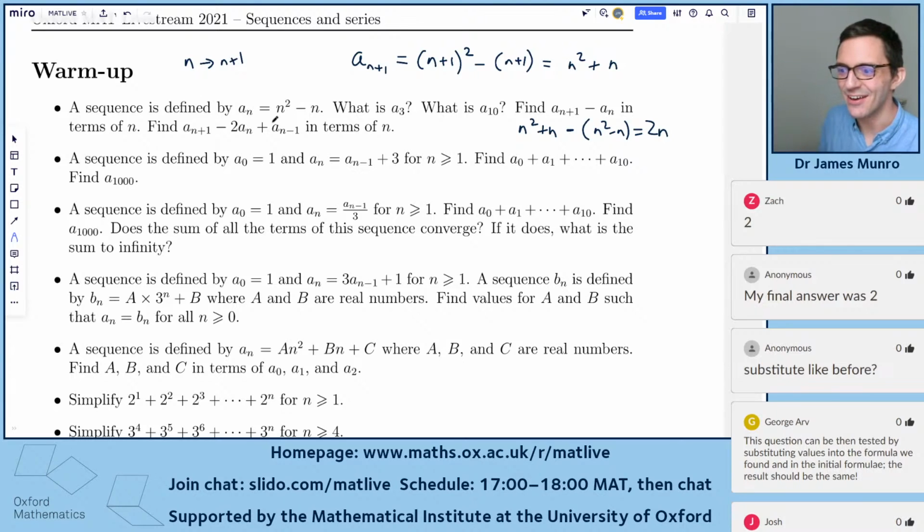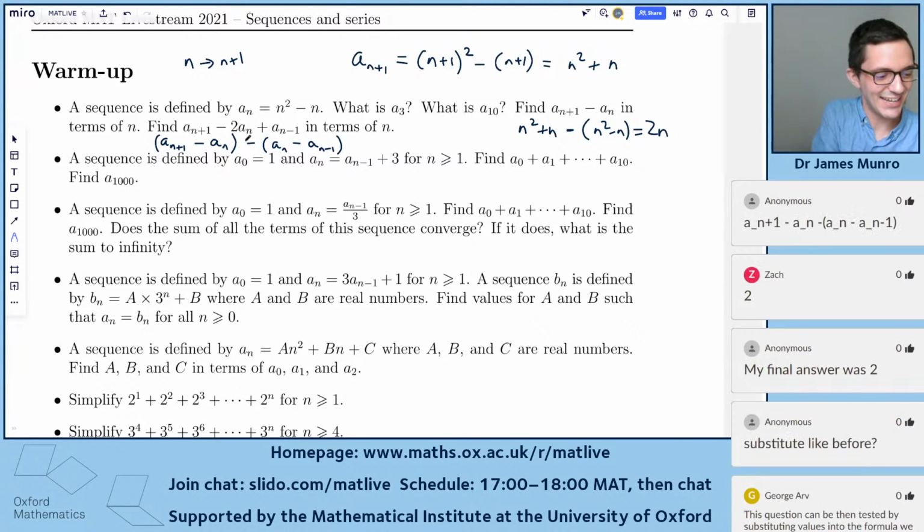There's a better method though, which is to say that this is a_{n+1} minus a_n, minus more stuff, a_n minus a_{n-1}. So I've split up the minus 2a_n, and I've put some minus signs outside some brackets.